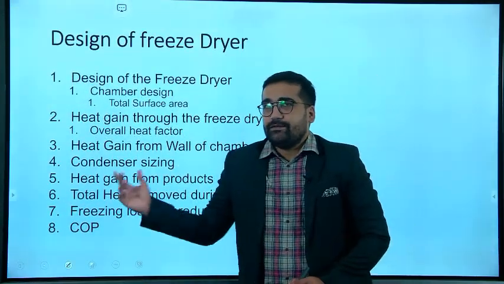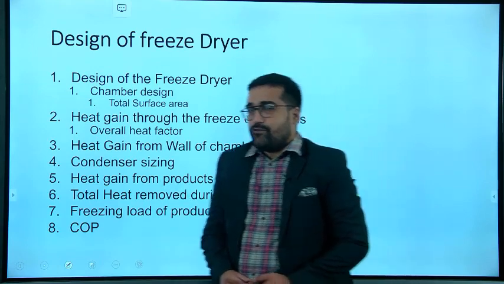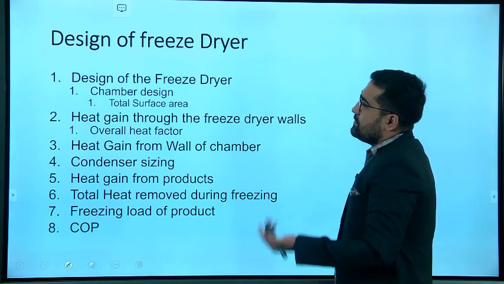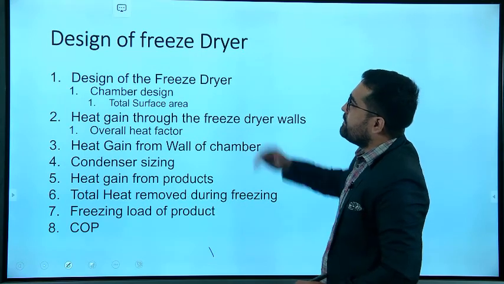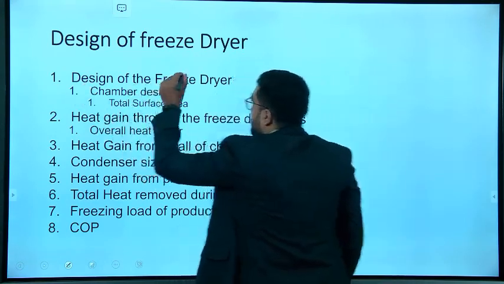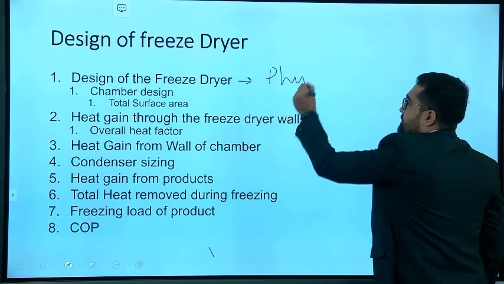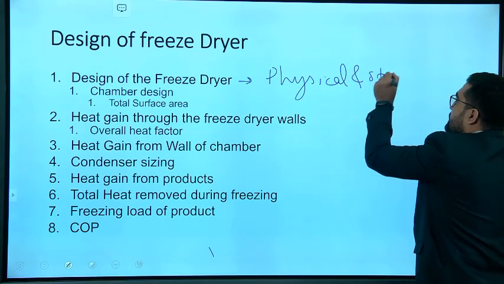These are the major components of the freeze dryer. So, after the major components we will design the freeze dryer. There are 8 different steps in the design of a freeze dryer. First one is the physical and structural design.